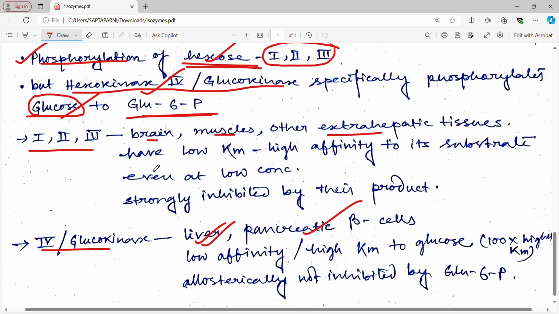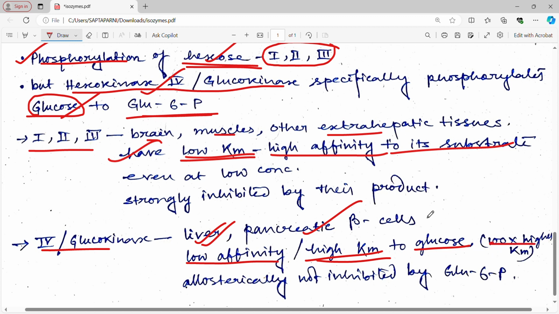Next, the first three hexokinases have a very low Km value. That means they have a very high affinity towards their substrate, hexose. Whereas glucokinase has a very low affinity, that means a higher Km value towards glucose. The Km value is 100 times higher than hexokinase 1, 2, 3.